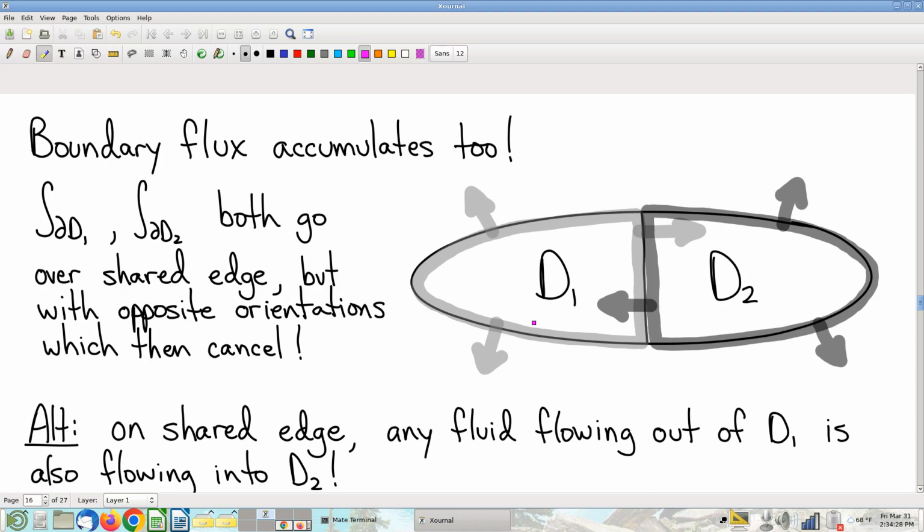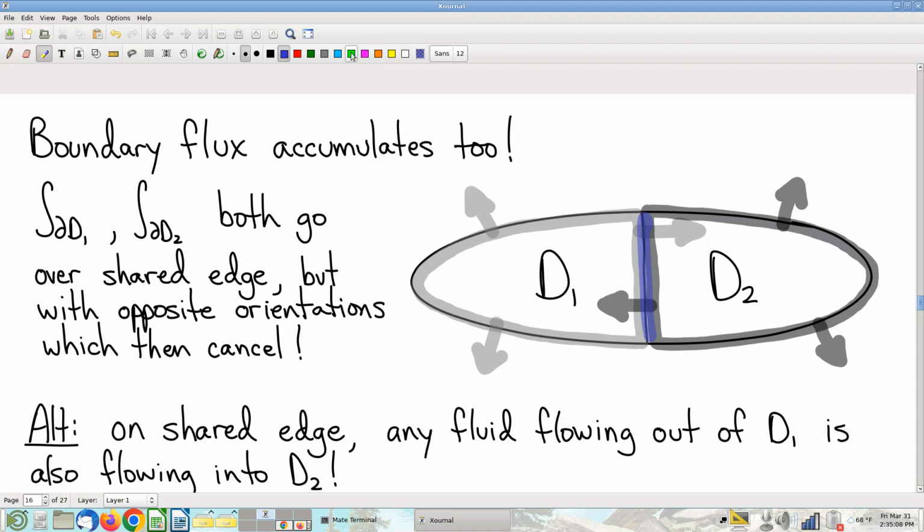Nice. Well, here's the clever move. Boundary flux is also an accumulating quantity. The whole is the sum of the parts. And it doesn't feel like it would be, because when you're looking at the whole, outward-oriented boundary flux only happens on the outside, where the boundary is. When you cut it into pieces, you're creating new pieces of boundary, and that's going to create new flux terms, and you feel like, well, we're making new perimeter here, and fluxes are computed on the perimeter, and it doesn't seem like it's going to work out.